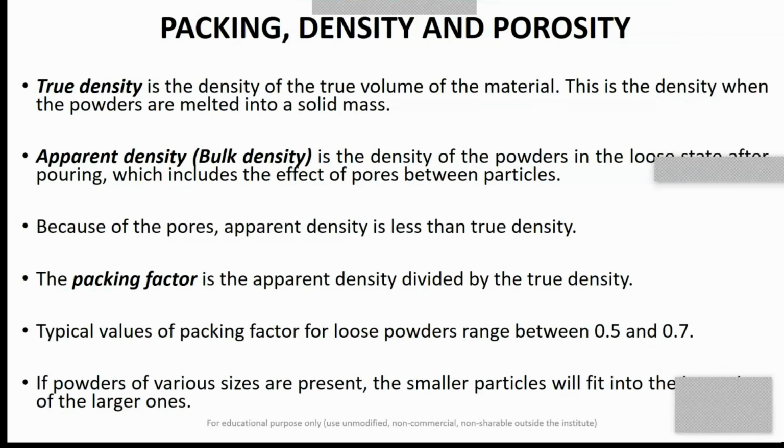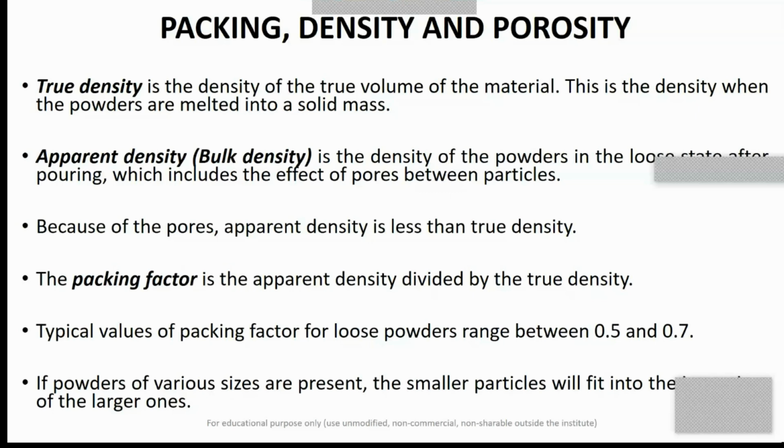After this, some important things to discuss in the powder are the packing, the density, and the porosity. The first important property of your powder which is used to make the powder metallurgy parts is your true density.